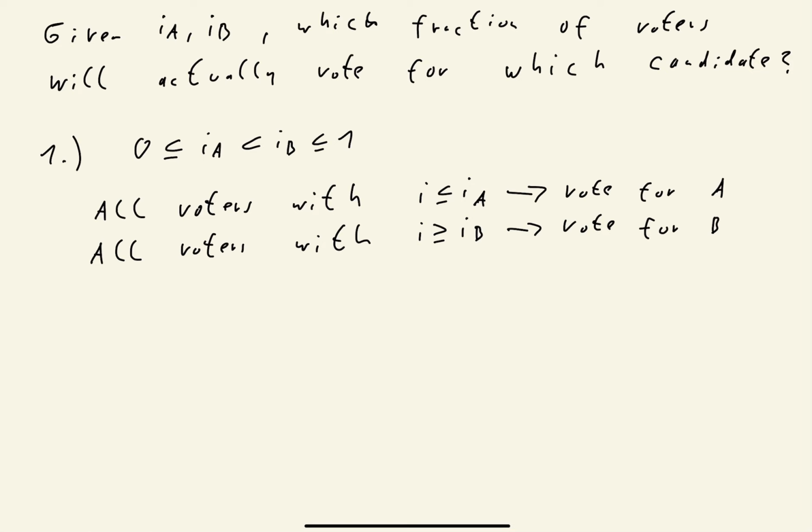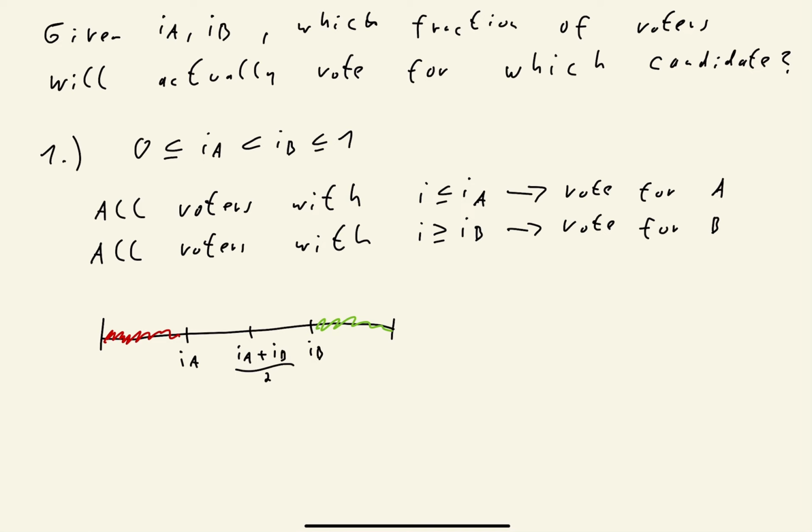Let's draw a quick picture here. If you have IA here and IB here, then those voters here vote for A, and those voters here vote for B. And then you have the middle point here, which is IA plus IB divided by 2.